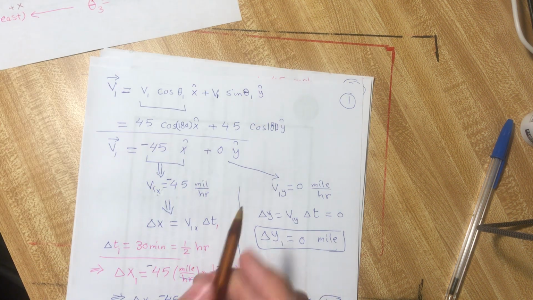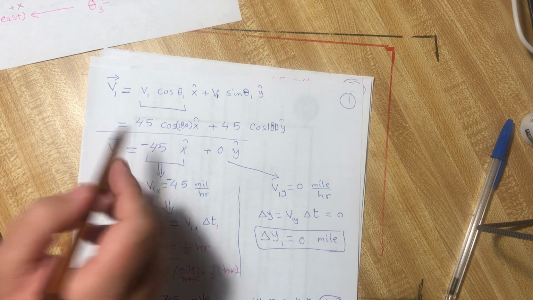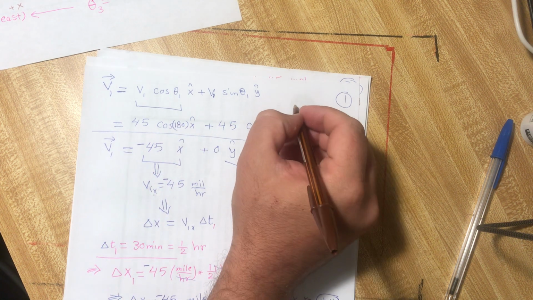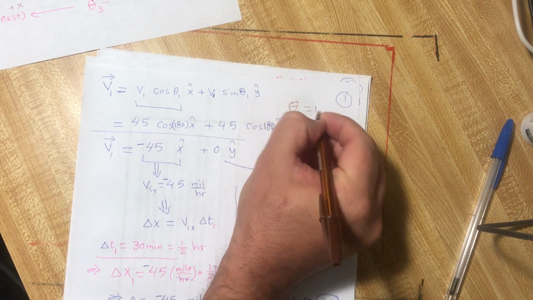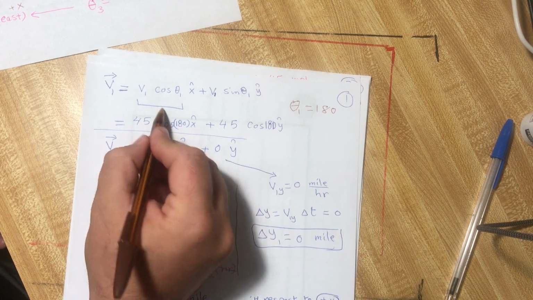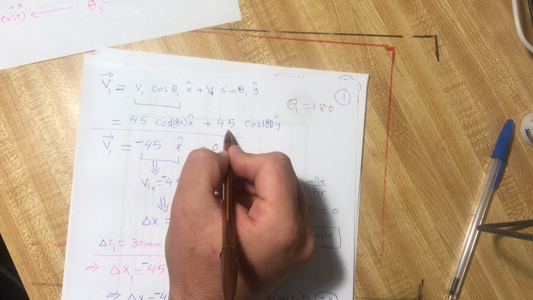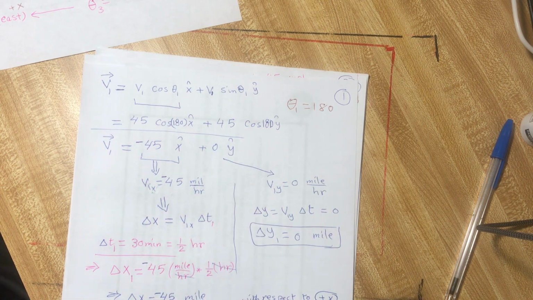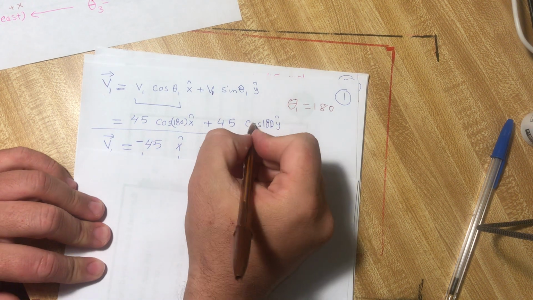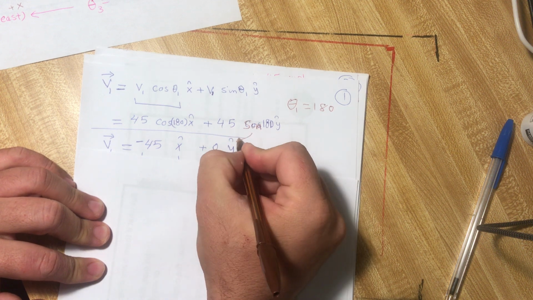Okay, so for the first movement, the velocity is 45, it's constant, and I use theta 1, which is 180 with respect to positive x. 45 cosine 180 in the x direction plus 45 sine 180, which is 0.